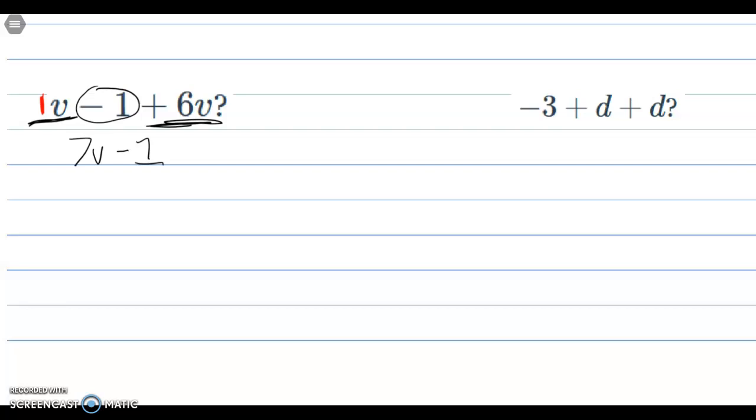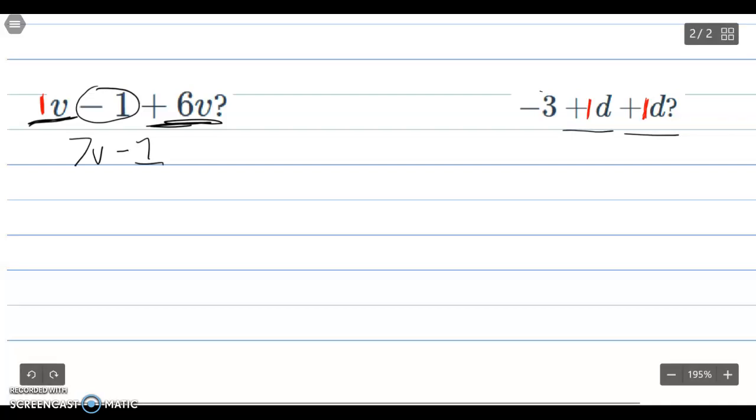Okay, go ahead and pause the video here and see if you can solve this next one. Okay, let's take a look. So on this one, we've got a positive D and another positive D, and both of them have understood 1s in front of them.